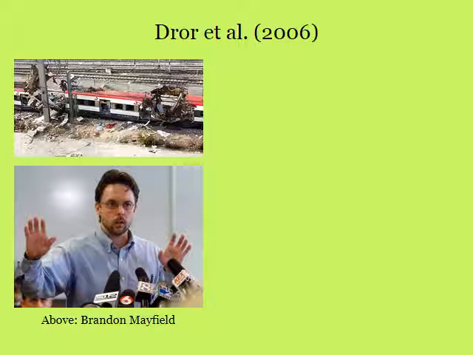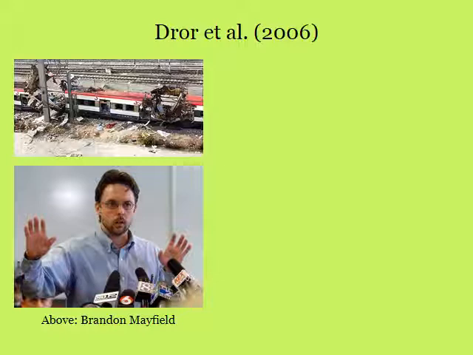Long story short, it was later determined that that was not the case, and the FBI undertook a review of the case to figure out how they made this mistake. How did they mistakenly conclude that Brandon Mayfield's print matched the print found on the train?